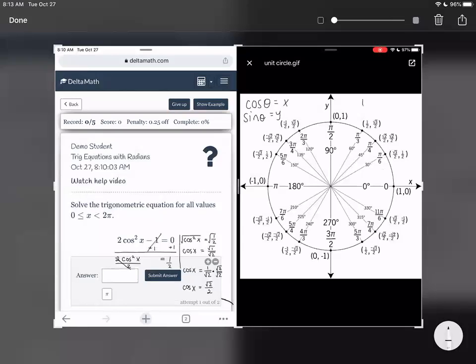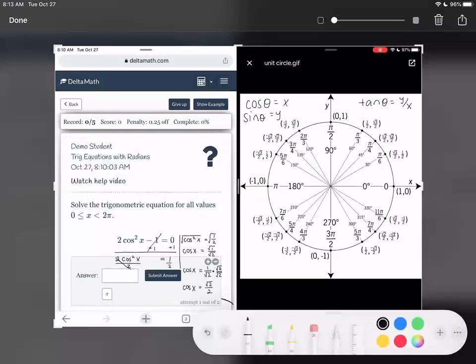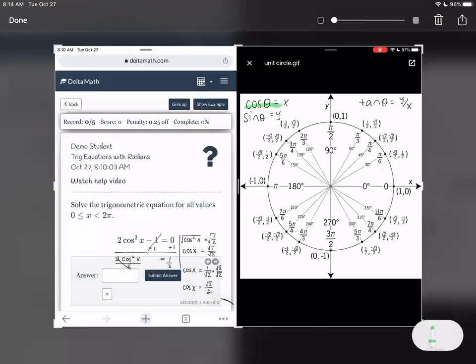Also remember that tangent is y over x, so sine over cosine. In our case, we are looking for cosine, so we're going to look for the x value to be that thing.